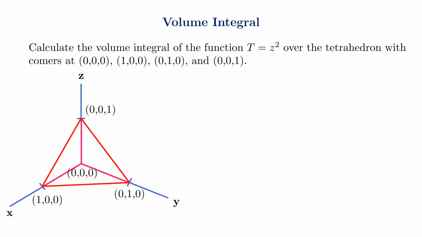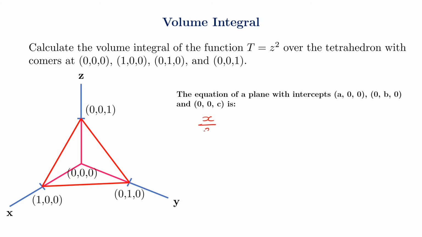Now we have to find the equation for the sloping surface. The equation of a plane with intercepts at (a, 0, 0), (0, b, 0) and (0, 0, c), as we have seen earlier, is given by x divided by a plus y divided by b plus z divided by c is equal to 1.